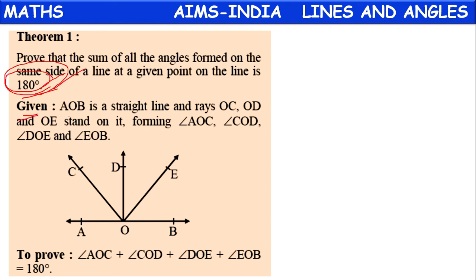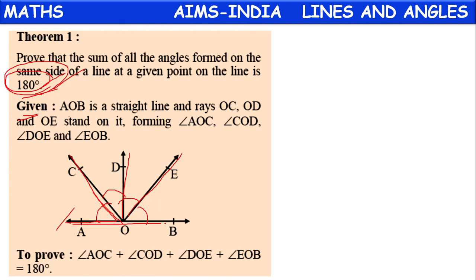So given that, they have given a straight line AOB and rays OC, OD, OE standing on the line, forming angles AOC, the first angle, COD, the second angle, DOE, the third angle, BOE, the fourth angle.